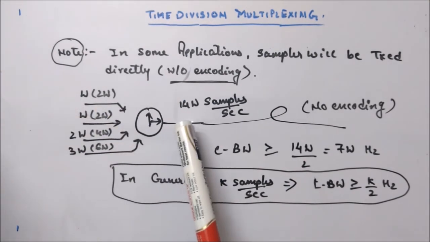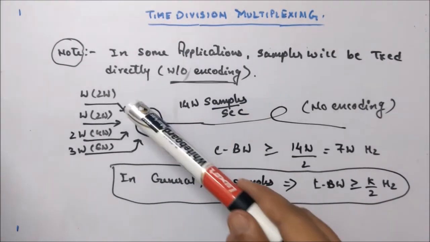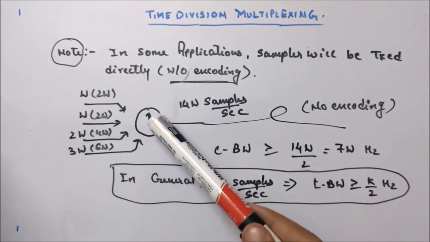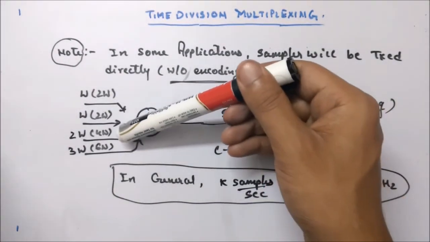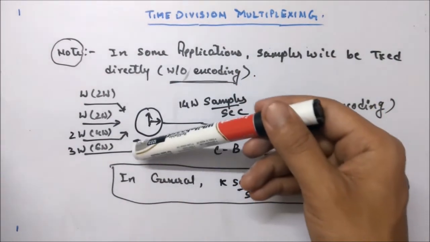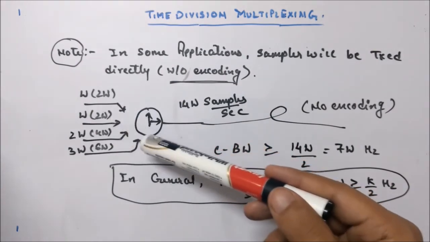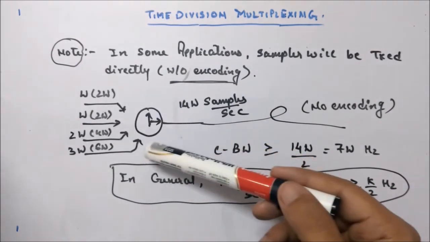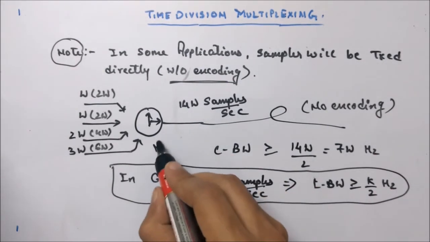So in total at the output of the commutator you will have 14W samples per second. If you set the commutator speed with the lowest one, 2W, then 2W, 2W, and this 4W will be taken 2 times, and this 6W will be taken 3 times. So there will be a total of 1, 2, 3, 4, 5, 6, 7, so capital N will be 7.